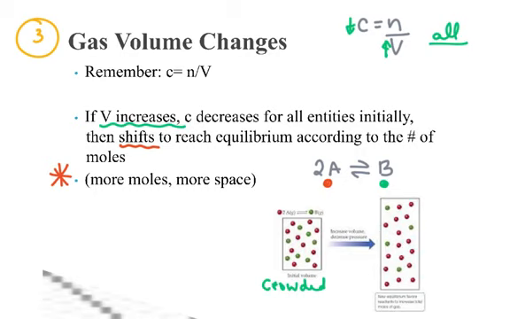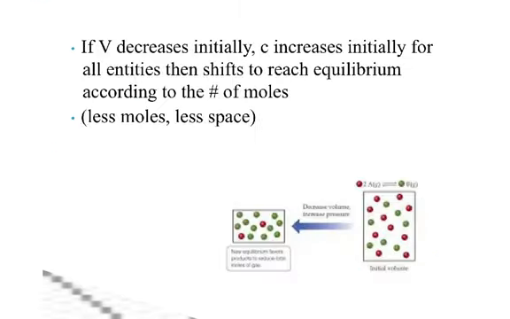So what happens is it will shift to the side with more moles, which is the A side, since there are 2 A's for every 1 B, so that it can try to be crowded again. Because that's the way it likes to be. It's trying to undo what we do. So if we give it more space, it actually wants less space. So again, more space, more moles, or more moles, more space, whichever way you want to look at it.